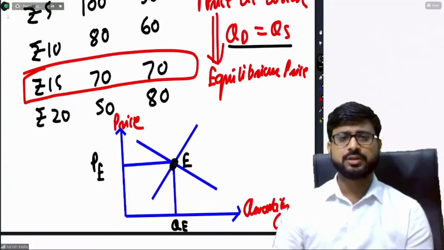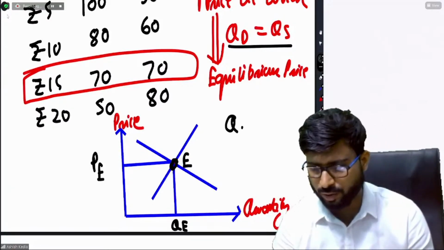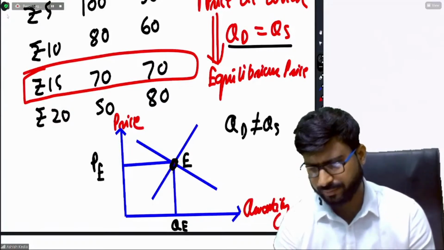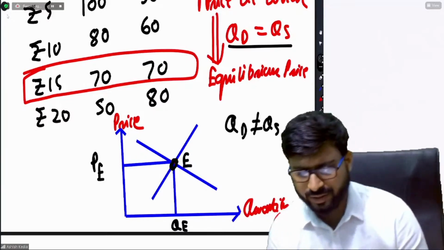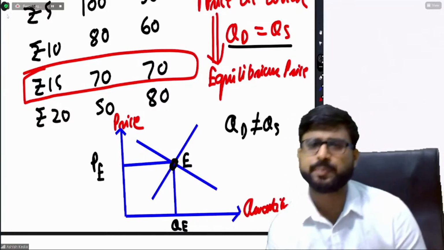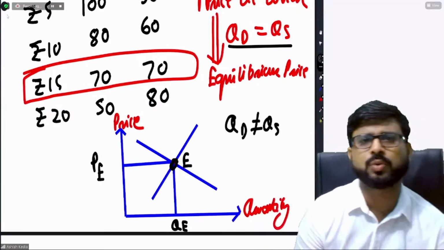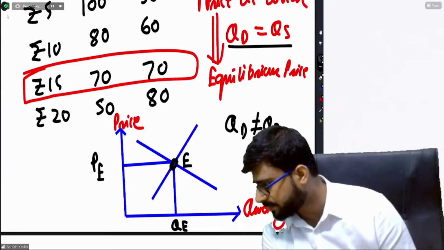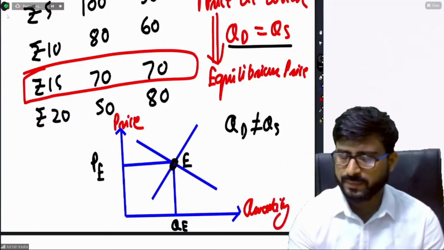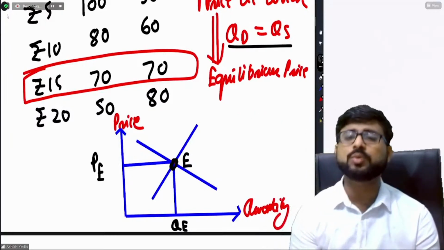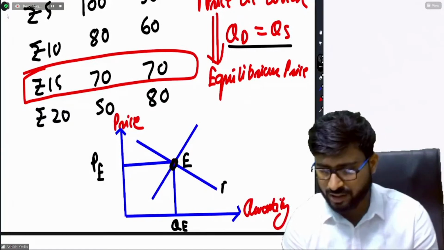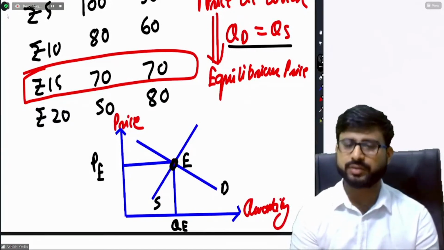Now, friends, suppose quantity demanded is not equal to quantity supplied. Suppose both of them are not equal. Okay, when they are equal, that's fantastic. But suppose quantity demanded is not equal to quantity supplied, then what, sir? तब क्या होगा, sir? So see, when quantity demanded is not equal to quantity supplied, here is the demand curve, here is the supply curve.